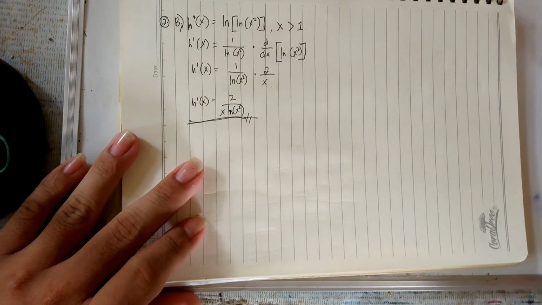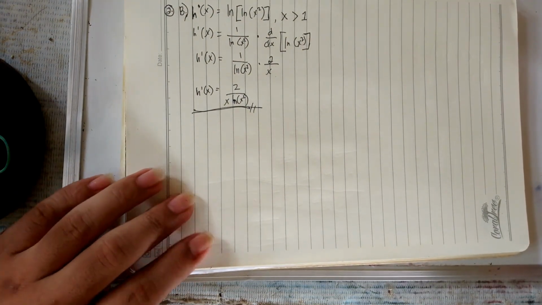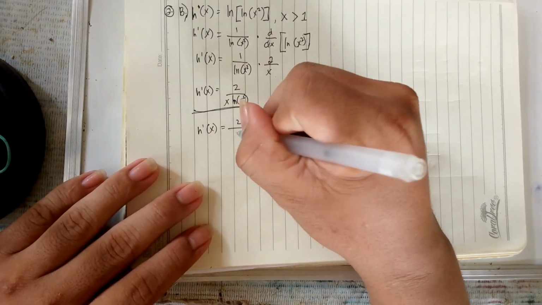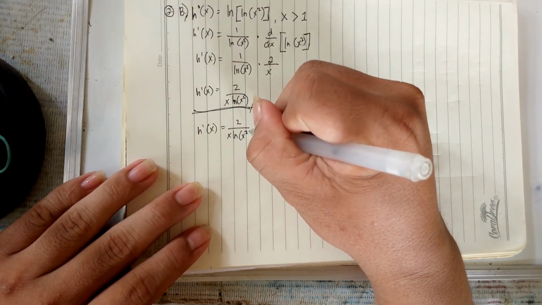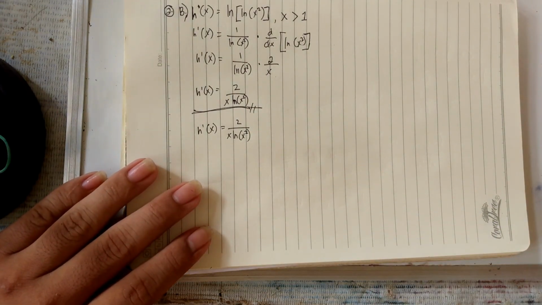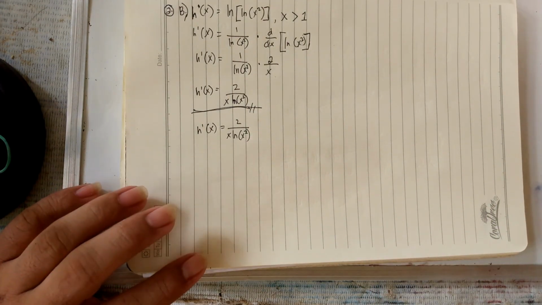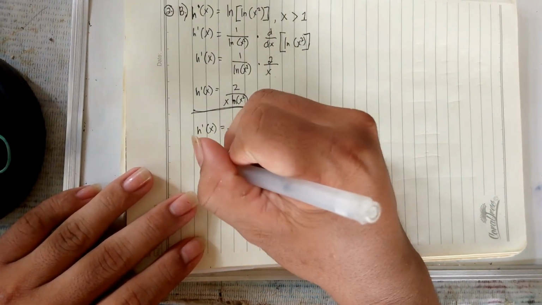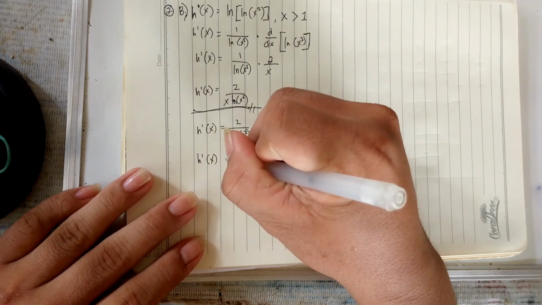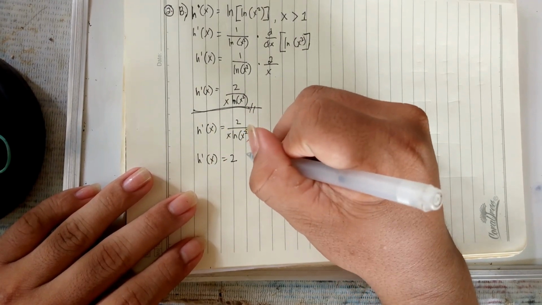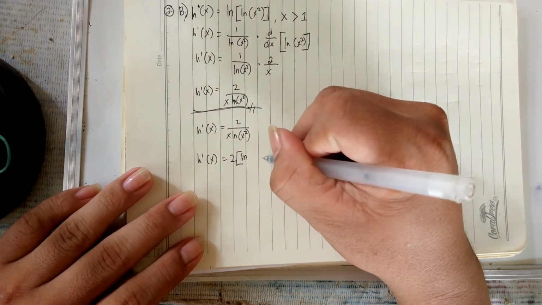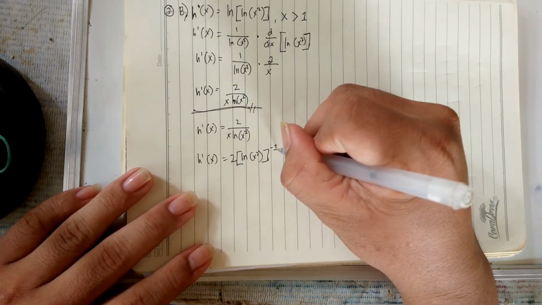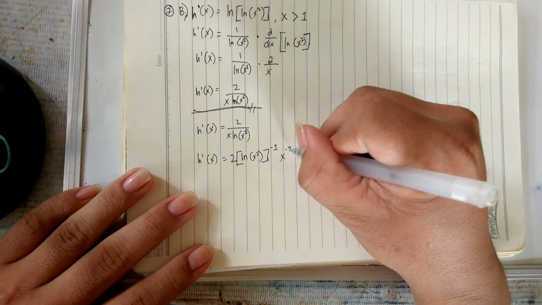So our next is to get the second derivative. So h prime of x is equal to 2 over x ln x squared. So we rewrite h prime of x as 2 times ln x squared to the power of negative 1, times x to the power of negative 1.